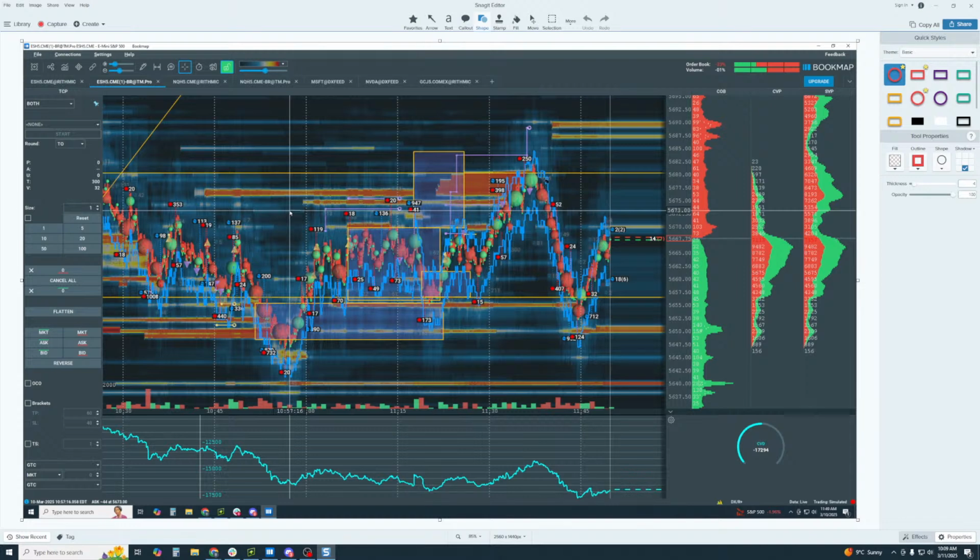I took my profits up in there, and that was it. So actually, this turned into a really nice move at that point to the downside. And there's a lot of confluence in here, actually, for taking the opposite trade in here and looking for this move to continue to the downside.